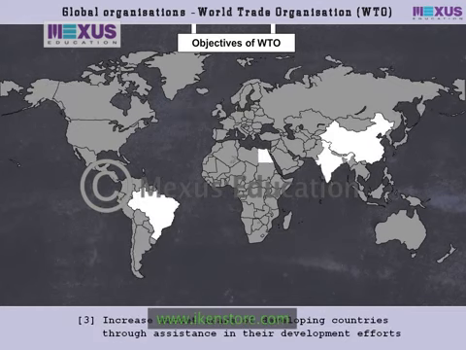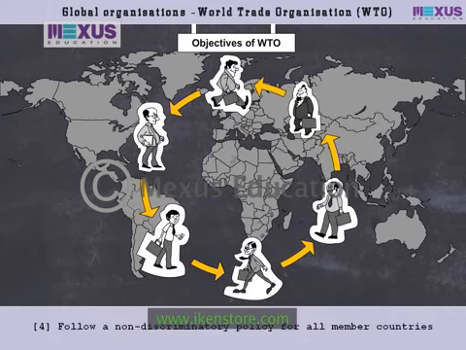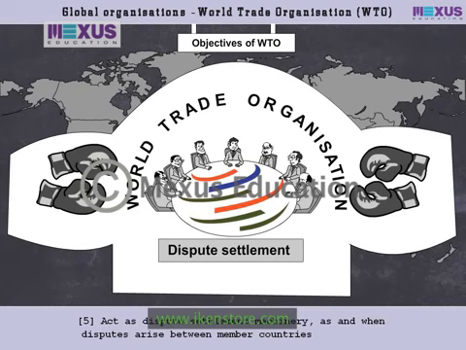Third, to increase market share of developing countries through assistance in their development efforts. Fourth, to follow a non-discriminatory policy for all member countries. Fifth, to act as dispute settlement machinery as and when disputes arise between member countries.